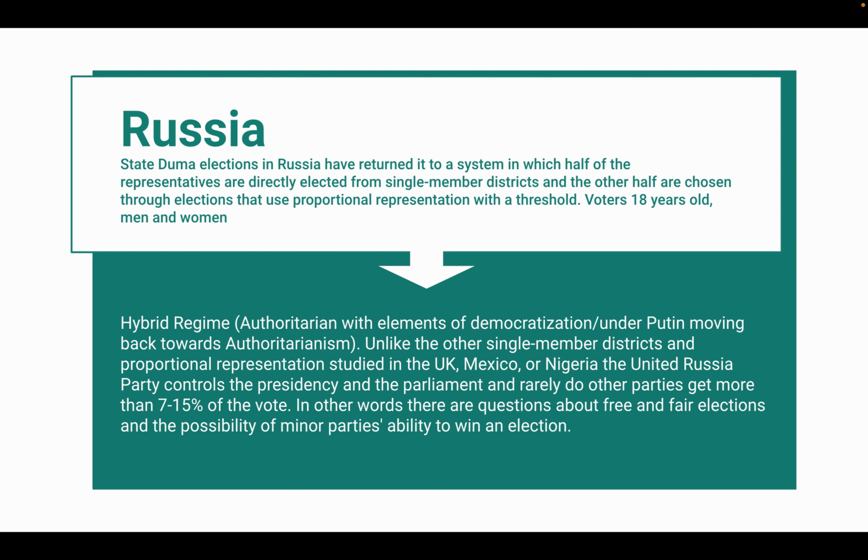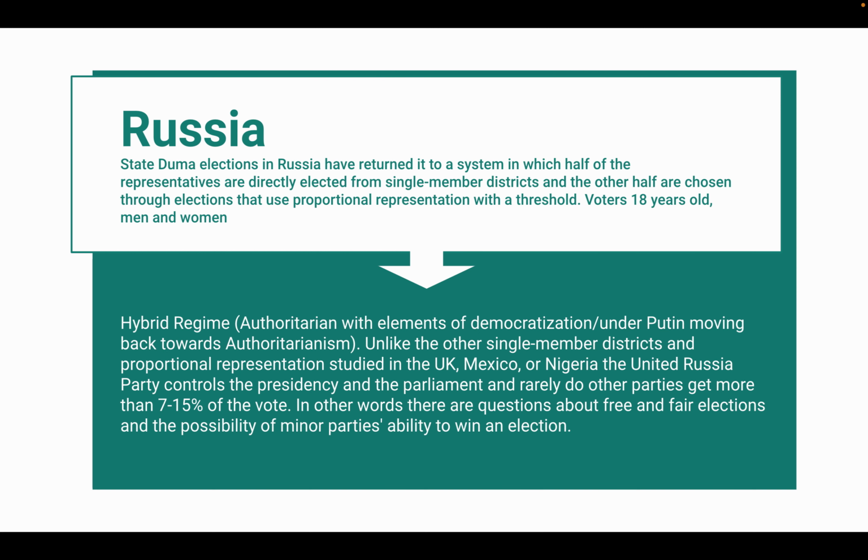However, the United Russia Party, which is Putin's party, pretty much dominates, and it's actually quite difficult for other parties to get 7 to 15% of the vote. So in other words, there's questions about free and fair elections and the possibility of minor parties' ability to actually win an election.